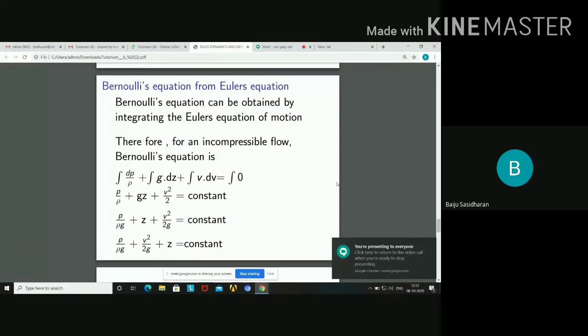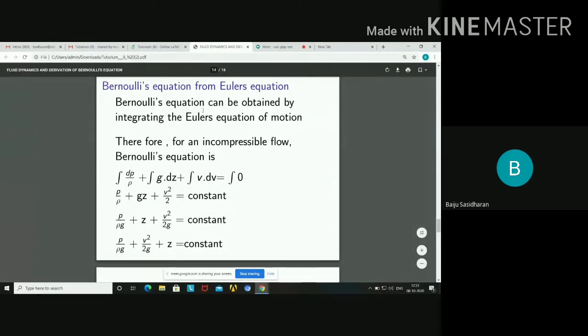Next, we have to derive Bernoulli's equation. Bernoulli's equation can be derived from Euler's equation by integrating the Euler's equation of motion. Therefore, for an incompressible flow, the integral of dP by rho plus the integral of g dz plus the integral of V dV is equal to the integral of 0.